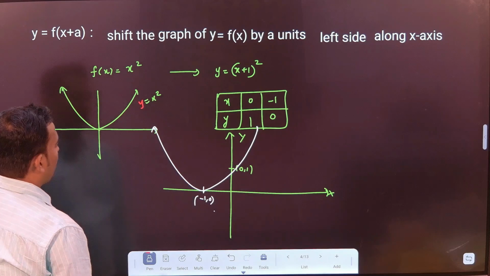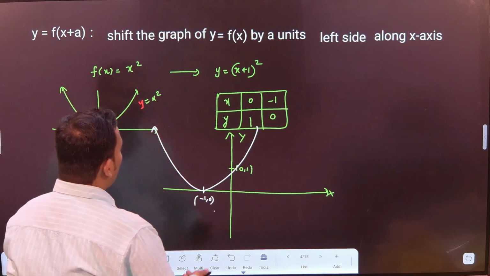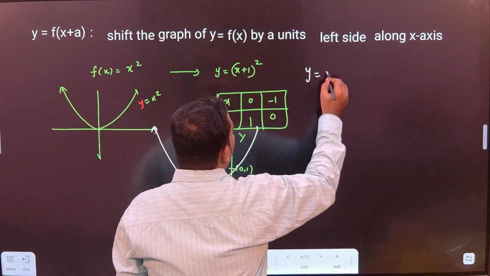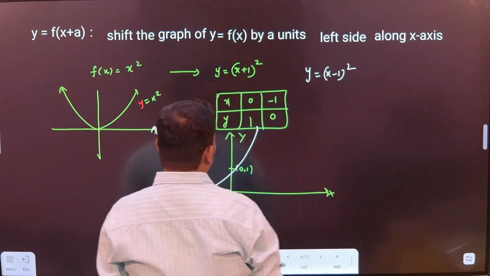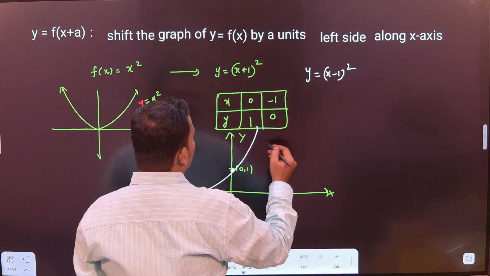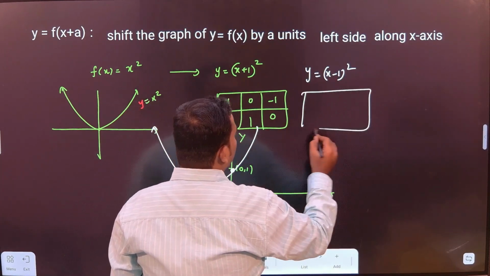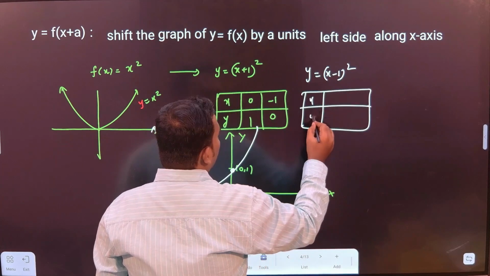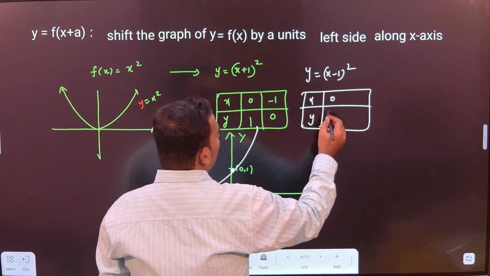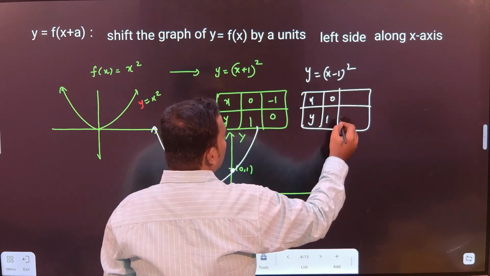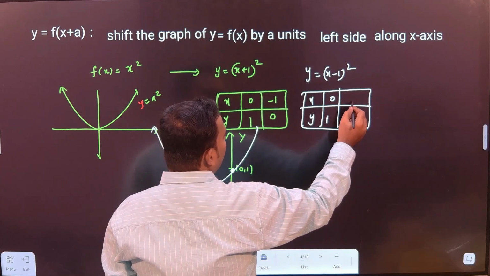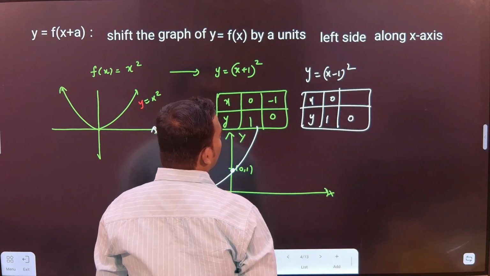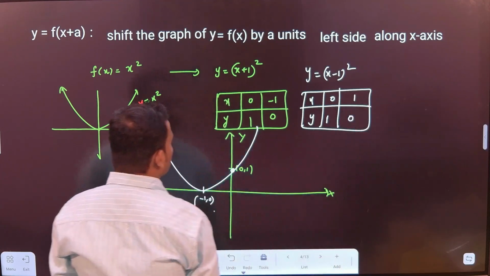Understand? Okay. Then how to draw the graph of y is equal to x minus 1 whole square? The same idea. If you take x and y, put x is 0, minus 1 square is 1. So if you put y is 0, x is equal to 1.